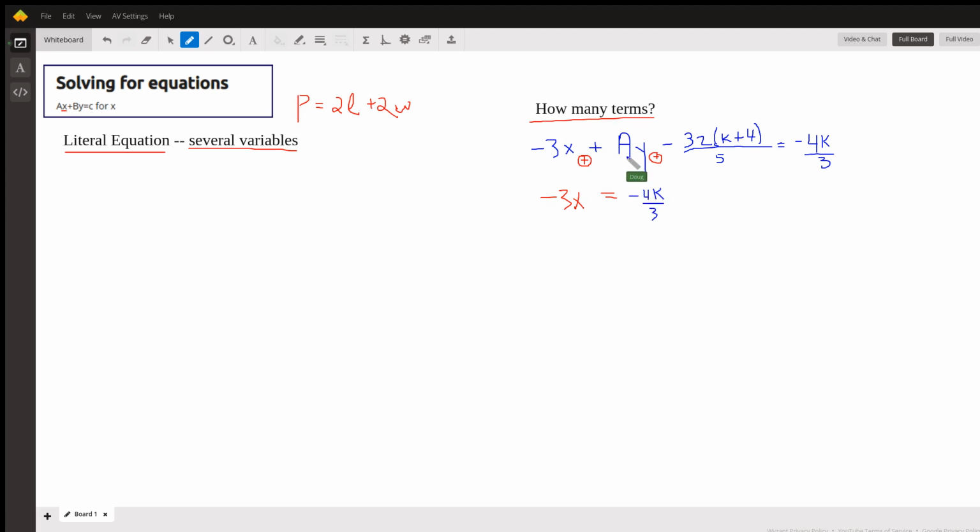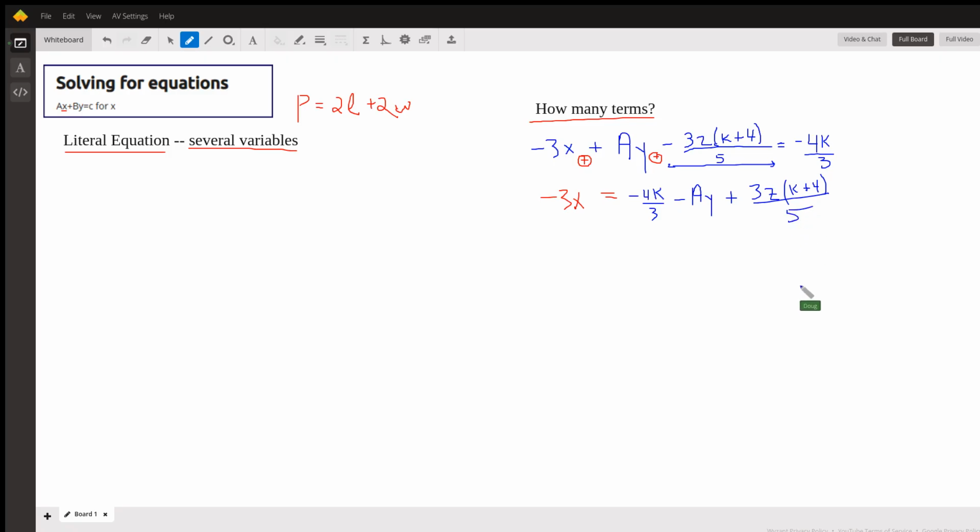To transpose the plus ay, or drag the ay to the other side, when you drag a term, you change its sign. So that becomes minus ay on the right of the equal sign. And if I want to drag this entire term here to the right side of the equal sign, its sign is negative, so when I drag it, it becomes positive. So that's mentally what you're picturing when you try to isolate terms.